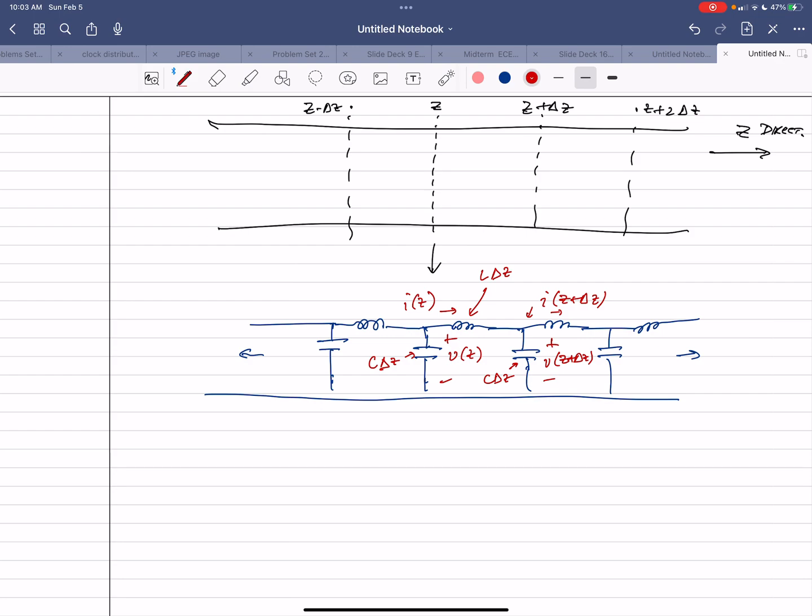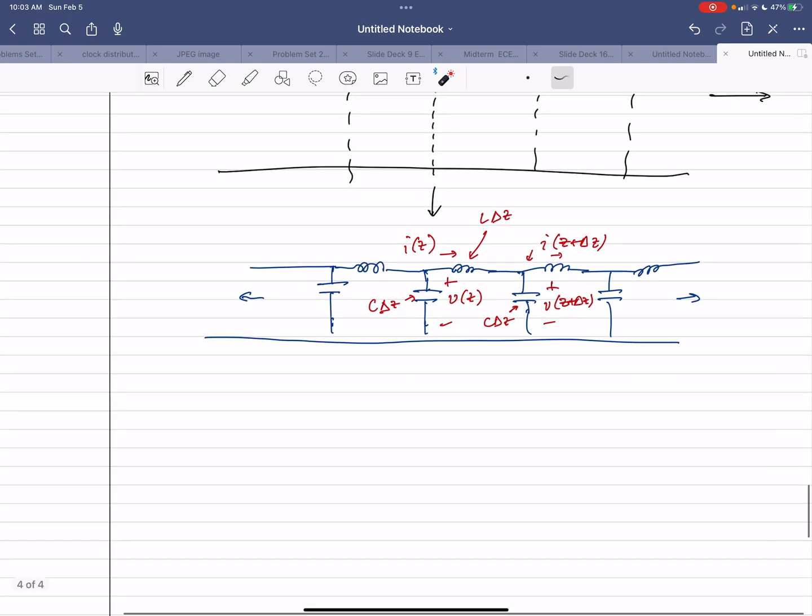Now we can start doing our analysis and figure out how we can solve for current and voltage in this case, where we have these sections of capacitance and inductance in series with each other.